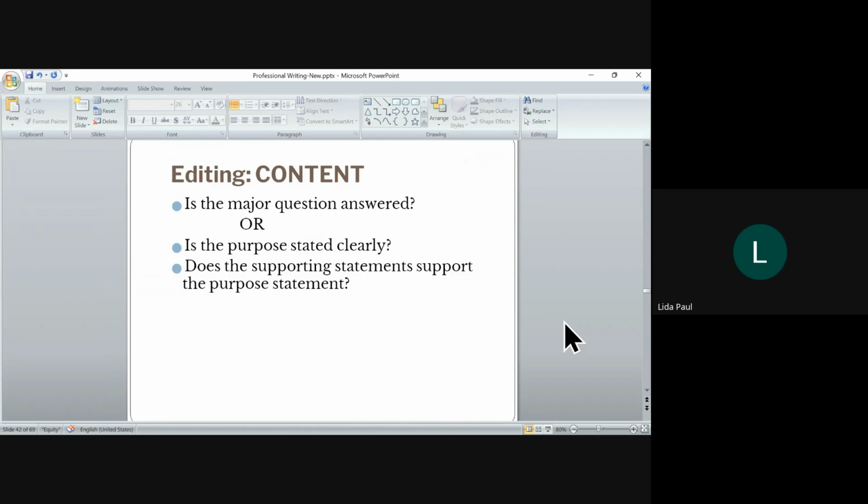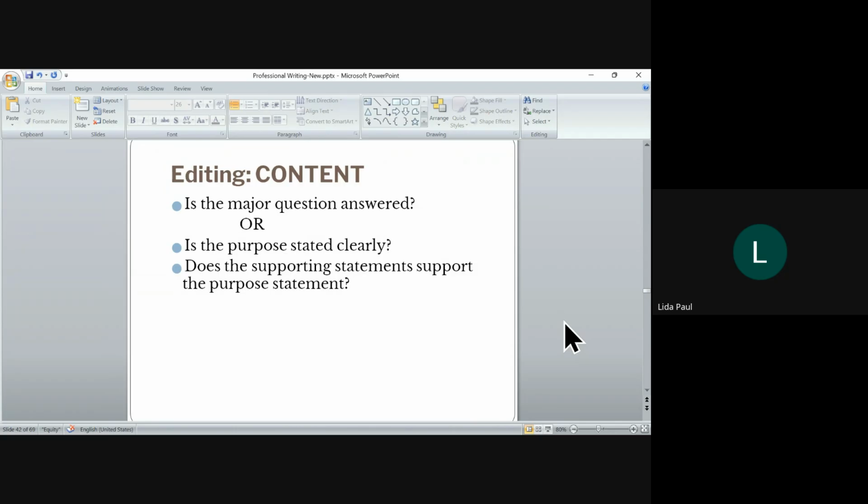First thing, is the major question answered, or is the purpose stated clearly, right? More generally, editing a piece of writing for content would include the question, is the major question answered? In the case of email, this question can be rephrased as, is the purpose stated clearly? So whatever you are writing for, is that particular purpose being conveyed clearly in your email or not?